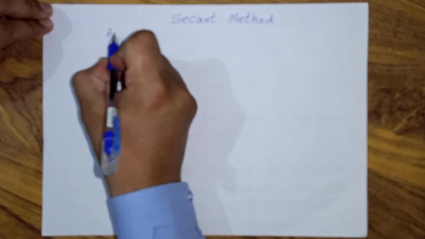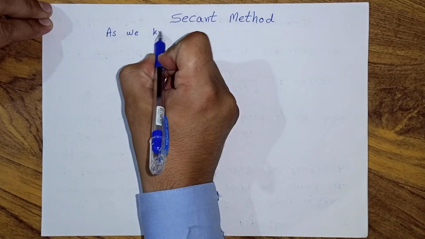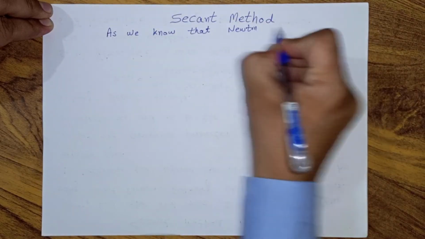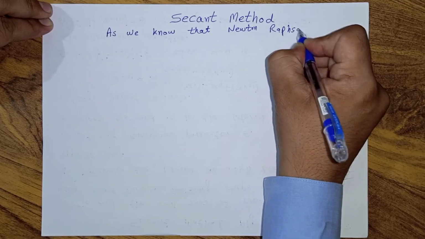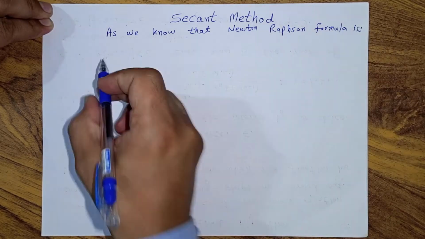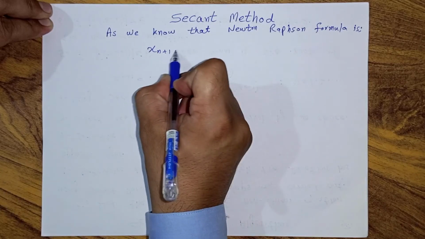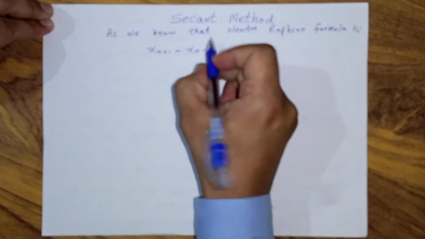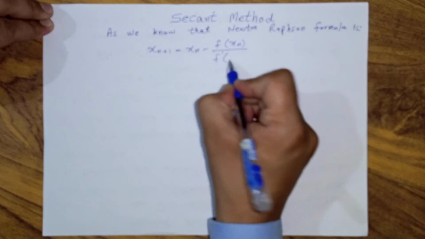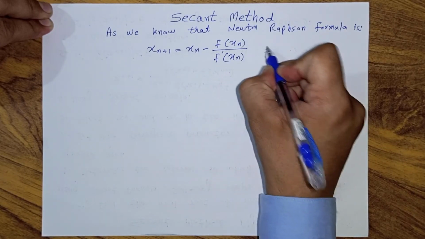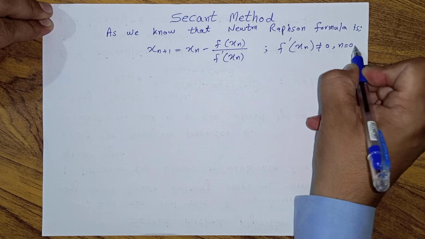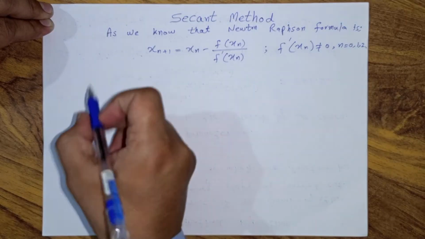As we know, the Newton-Raphson formula is x_{n+1} equals x_n minus f(x_n) divided by f'(x_n), where f'(x_n) is not equal to 0 and n equals 0, 1, 2, and so on.